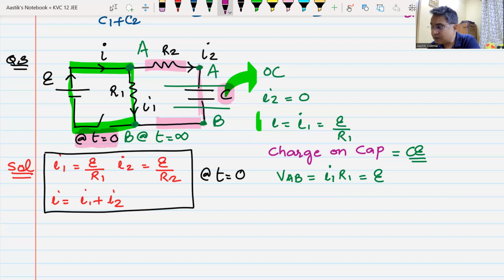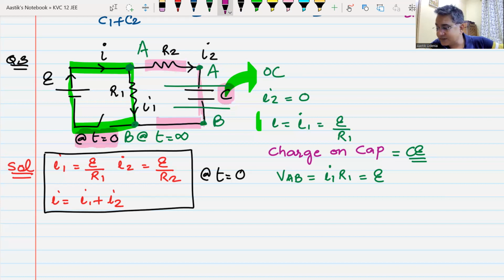And that is how you have to solve any question where you have resistors and a capacitor coming together. You need to find the potential difference across the capacitor, and that is what is going to help you find the final answer.